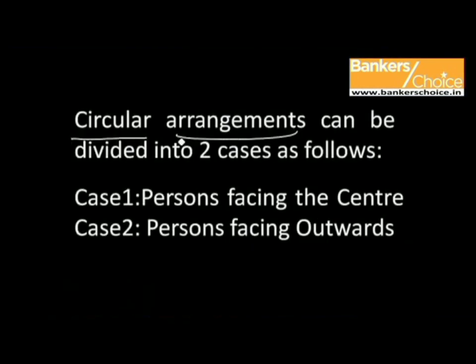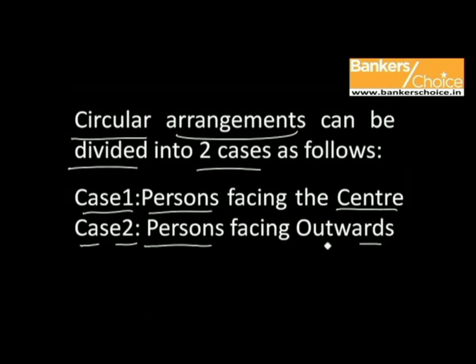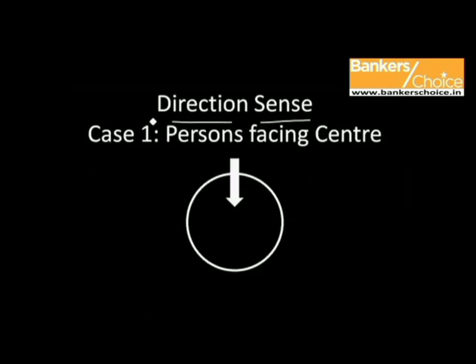Circular arrangements can be divided into 2 cases. Case 1, where the persons are facing the center, and case 2, where the persons are facing outwards. Direction sense plays a very important role in solving questions related to circular arrangements.